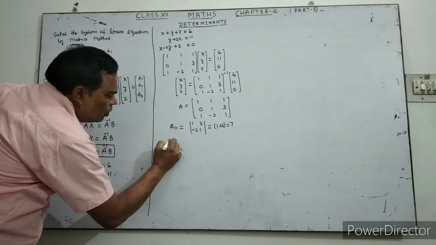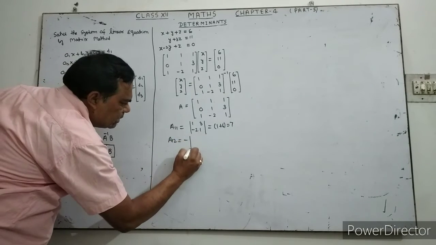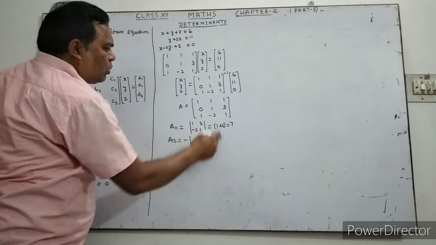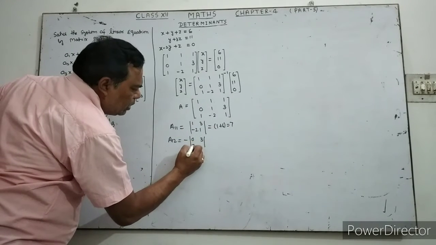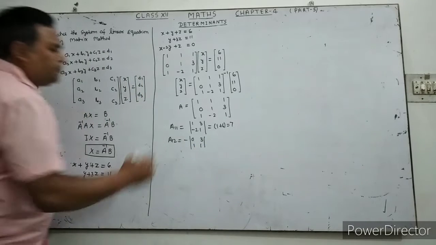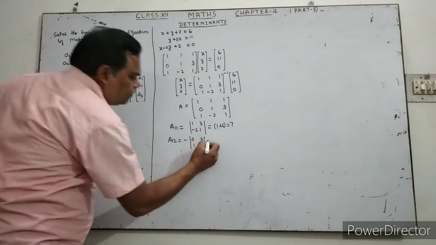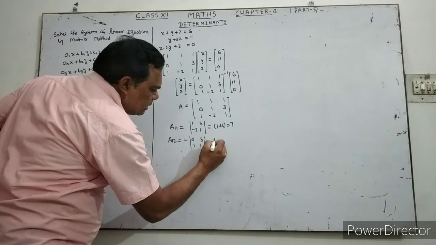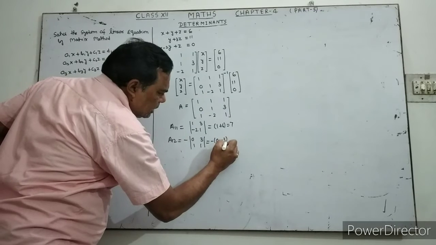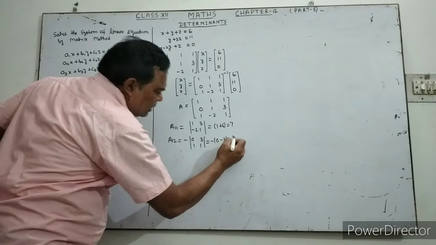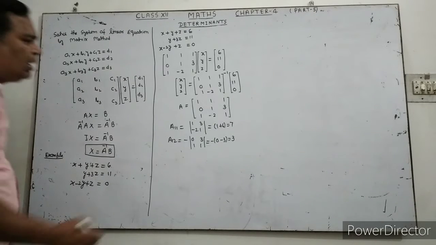A12 has a minus sign. Forget this row, this column. 0, 3, 1, 1. Then this is minus 0 minus 3, and this is minus 3.